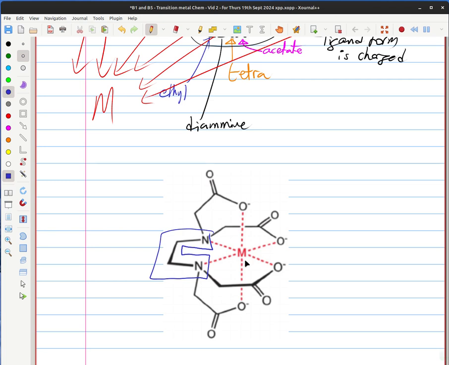So this EDTA is actually very important, because it can be used to treat heavy metal poisoning. Now, in various parts of the world, heavy metal contamination is a problem in the water supply.